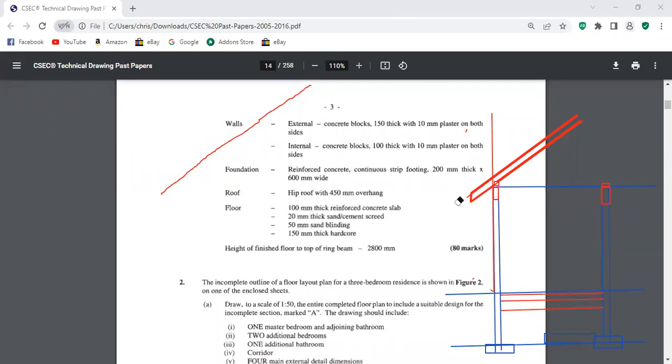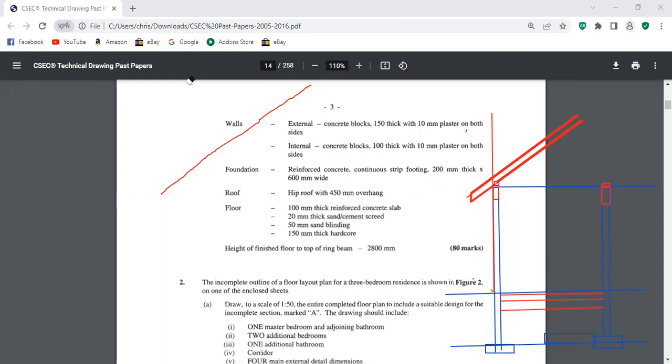Now, it is important to know that roof design varies. You might have roofs which use shingle, so they want you to use lats, or it could be zinc. With zinc, you would use purlin.